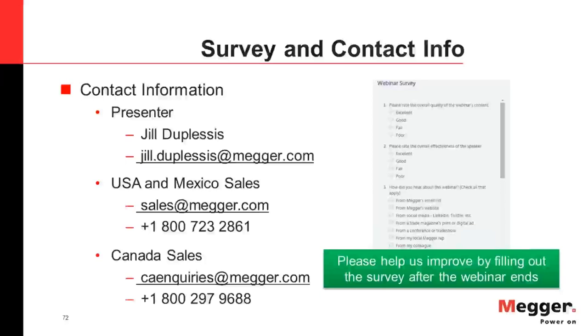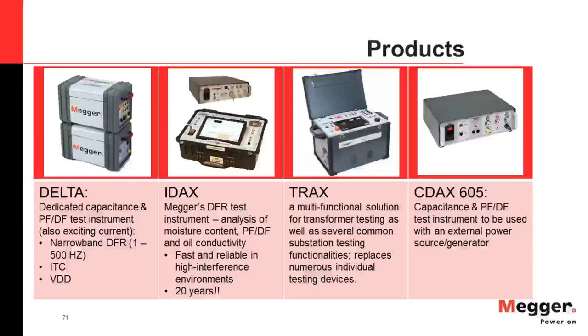In our case, we have 3 different instruments right now that can do DFR, dielectric frequency response. With our Delta 4000, we can do dielectric frequency response from 1 hertz up to 505 hertz. That is what we call the narrowband DFR.